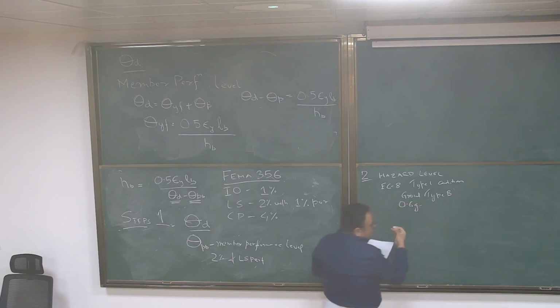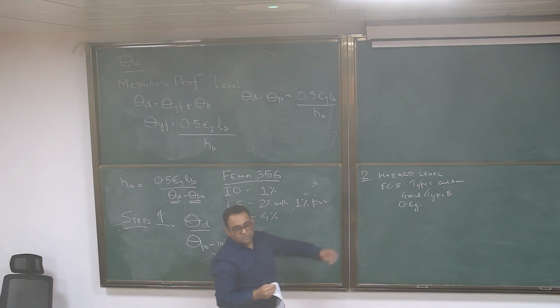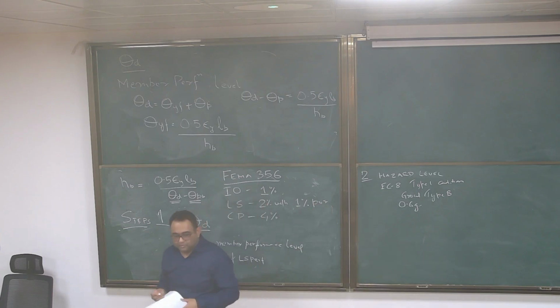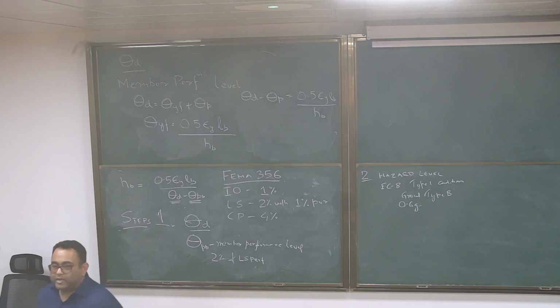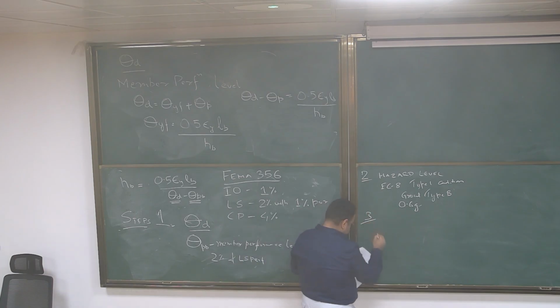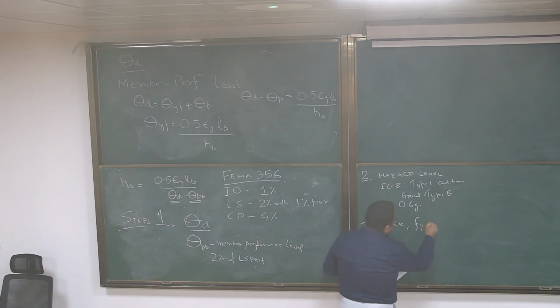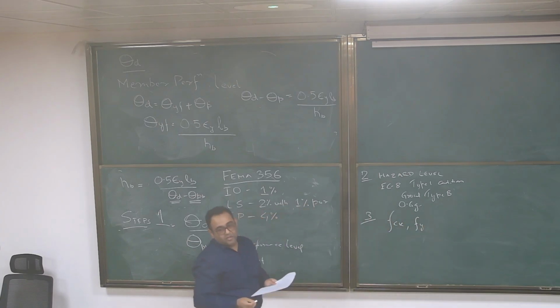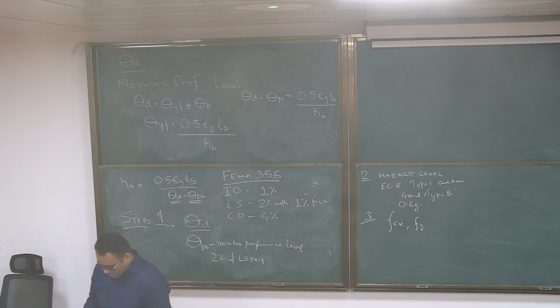These are just examples. We can use different examples. For the Indian code, it would be medium soil, 0.35 g, seismic hazard, and whatever zone it is in. Then decide material properties: fck, fy, what grade of steel are you using? What grade of concrete are you going to use? Right?